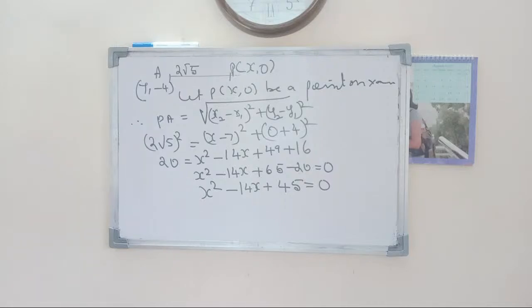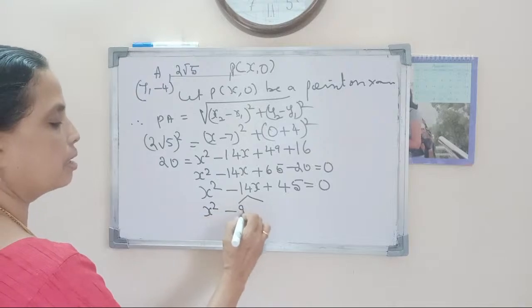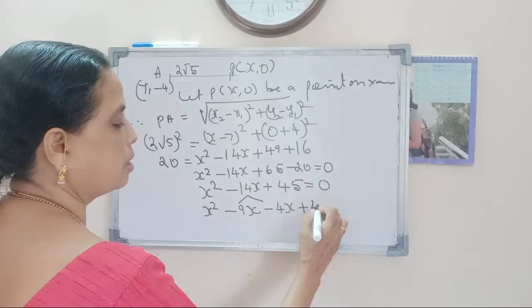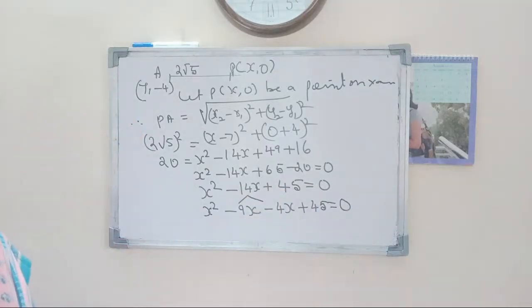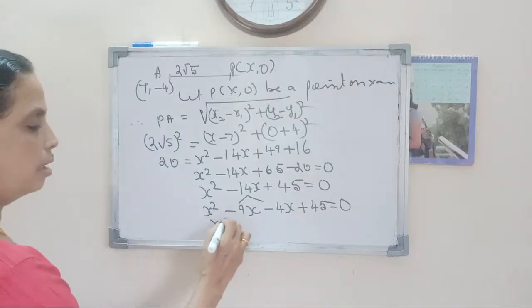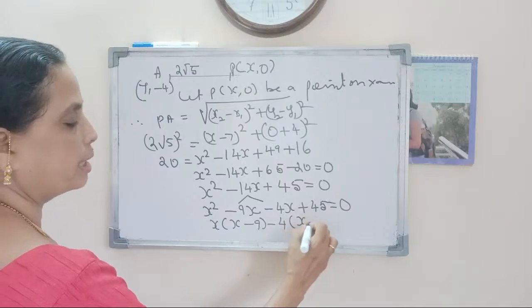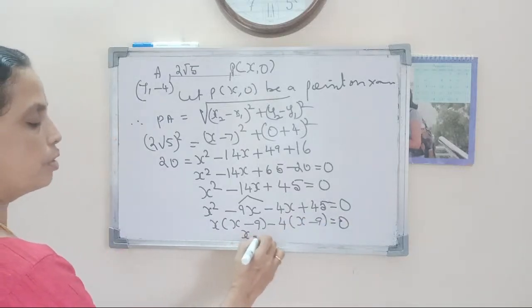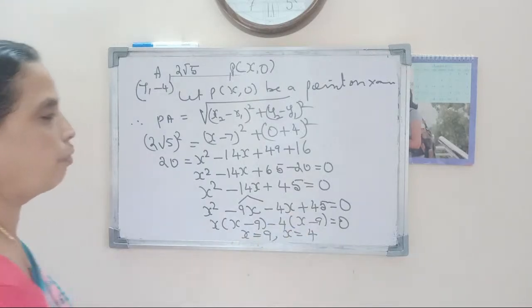Now factors, how can we write here? x square minus 9x minus 4x plus 45 equals 0. So x minus 9, x minus 4. So the values of x are x equals 9, x equals 4.